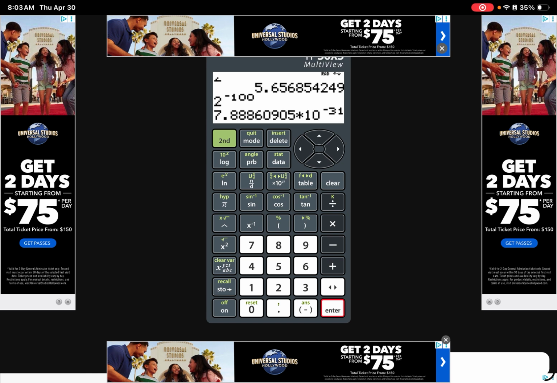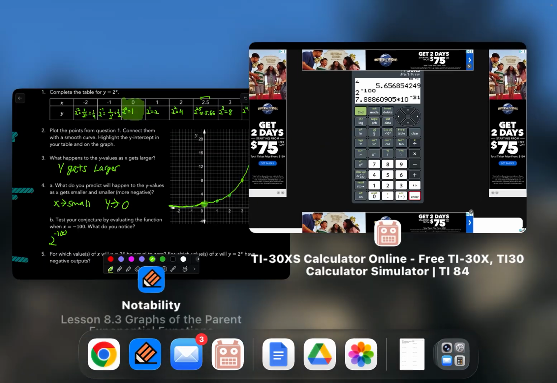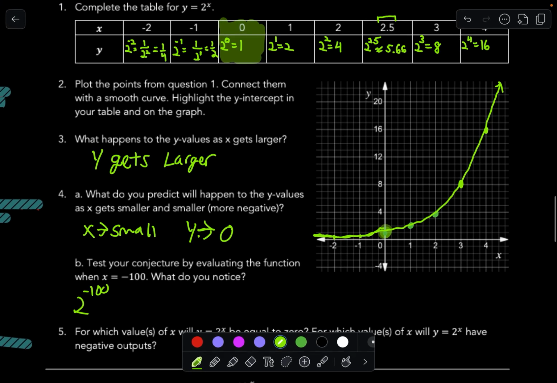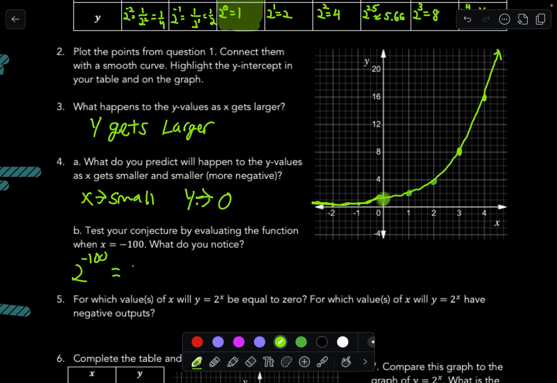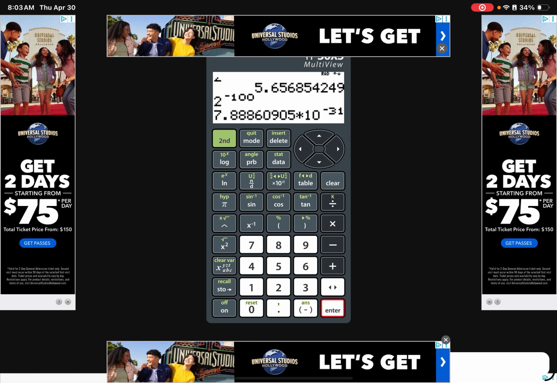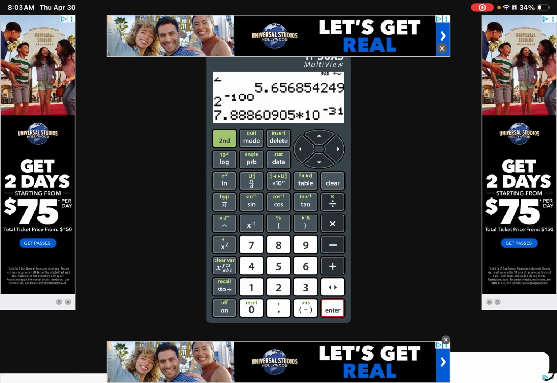And notice it gives you a weird answer. 7.9, I'm just going to one decimal. And then this notation at the back end is called scientific. So this equals 7.9 times 10 to the negative 31.